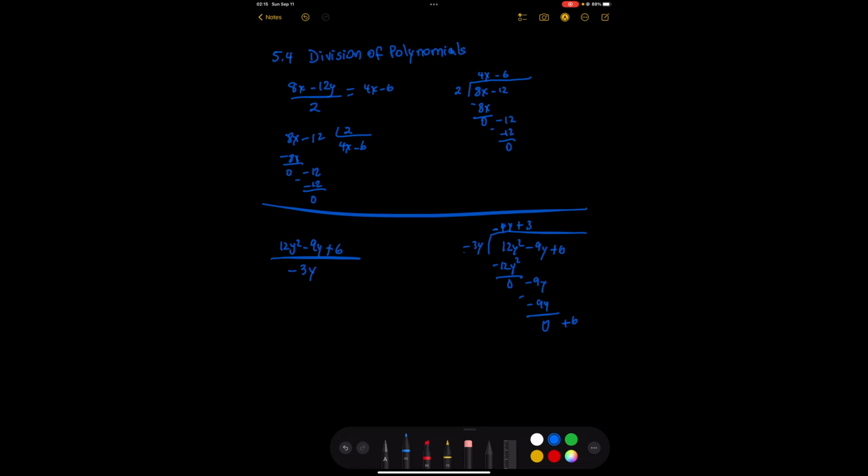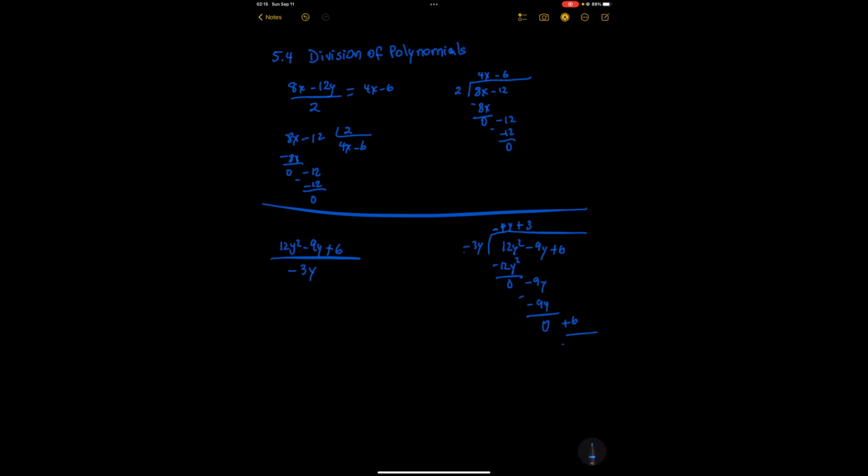You can't do anything else for that one, because you cannot multiply anything by negative 3y to get 6. So what would that be equal to? That would be the remainder right here. So that part would be 6 over negative 3y. Okay? So let's keep it that way.